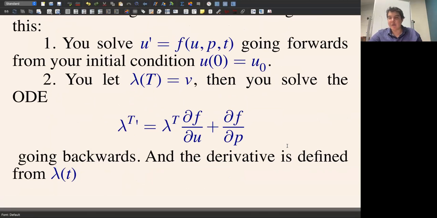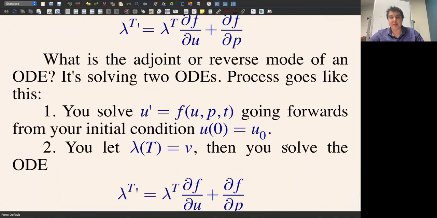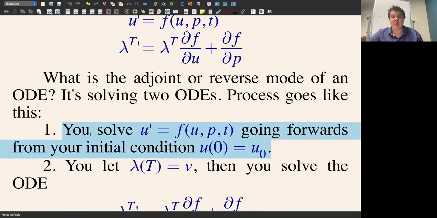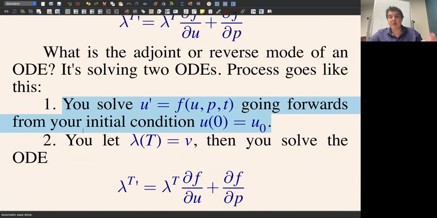But at a high level, the way to think about it is, with reverse mode AD, you always solve the primal equation first. Our primal thing was to solve this ODE going forwards, and then you have to pull it backwards.